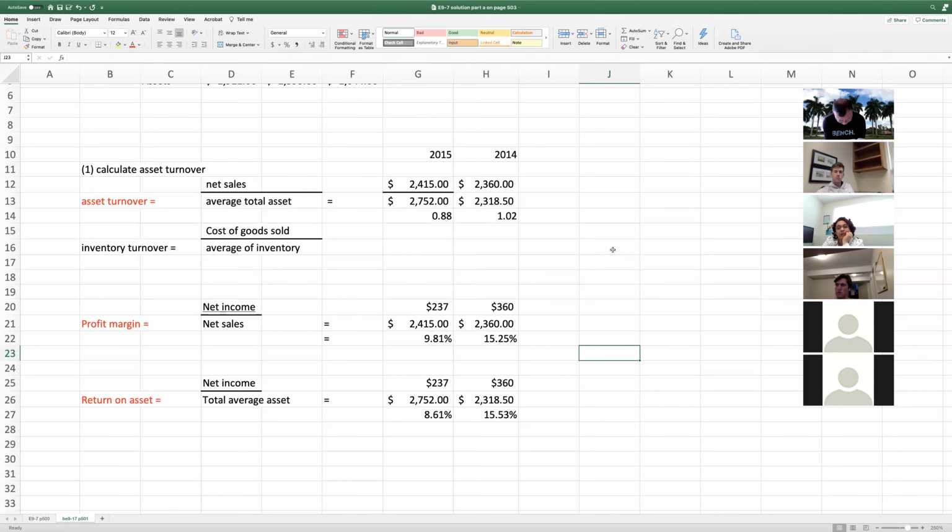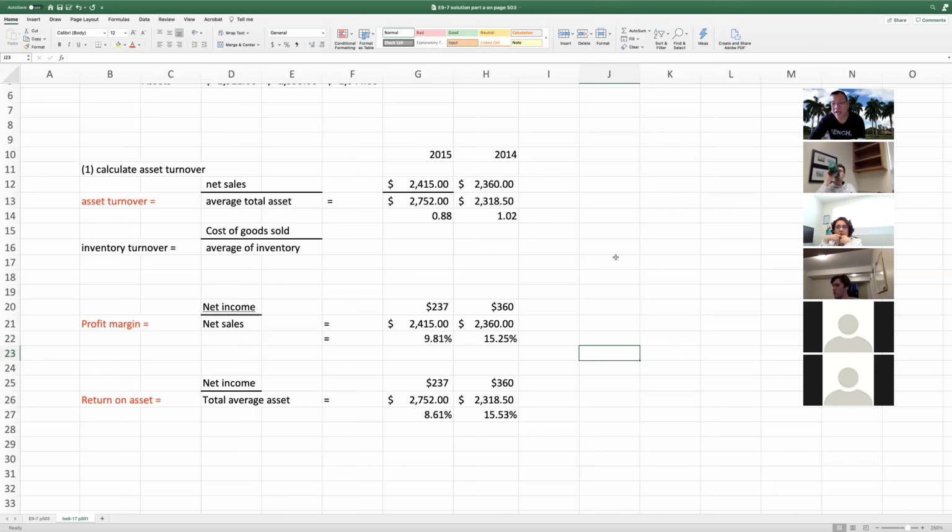Return on asset is the money they return to the business, but asset turnover is the sales, sales divided by assets. So one is about the money that comes to your business, the return.